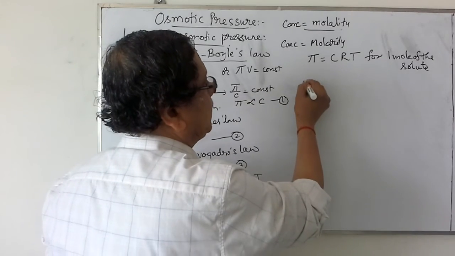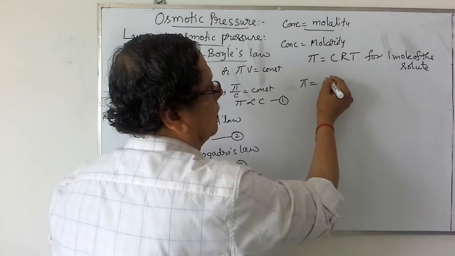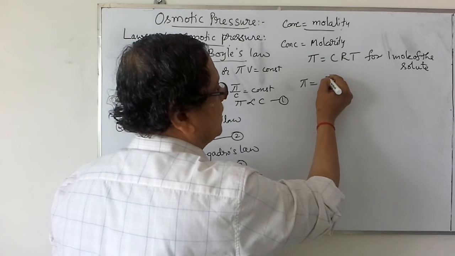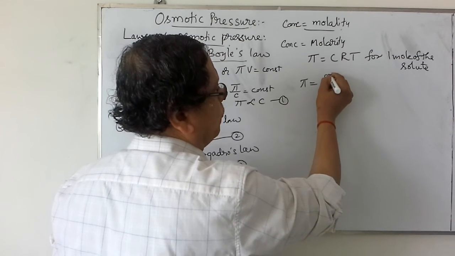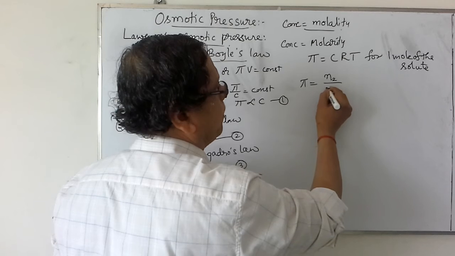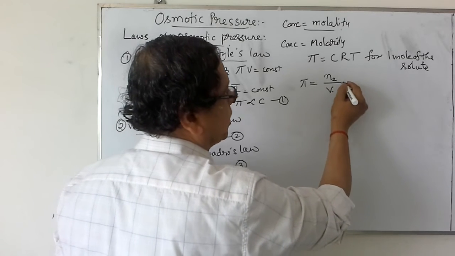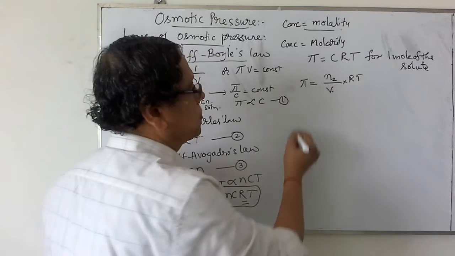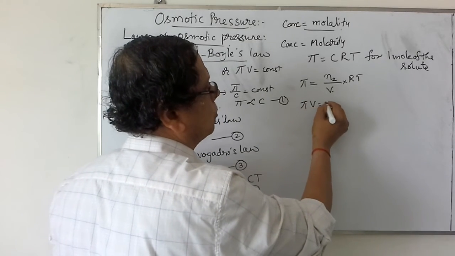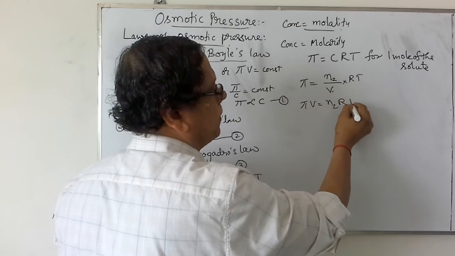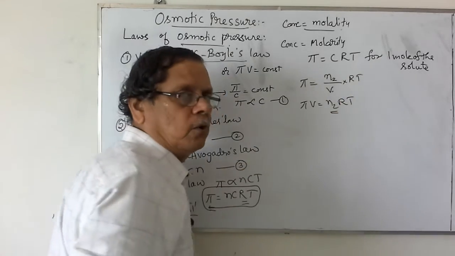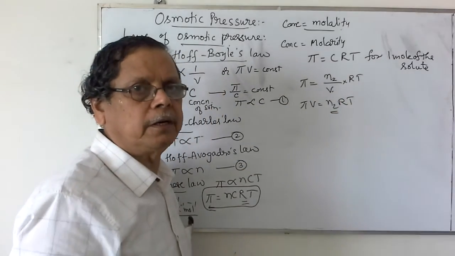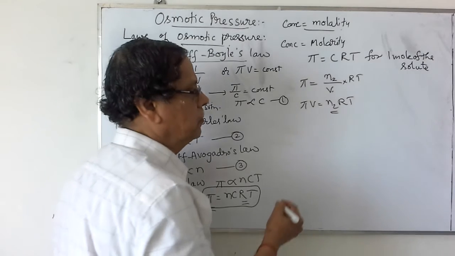But C is indicated as the concentration, that is the number of moles of the solute divided by volume of the solution, into R into T. So this can be written as pi V is equal to n2 RT, where n2 is the number of moles of the solute dissolved in a certain volume of the solution.